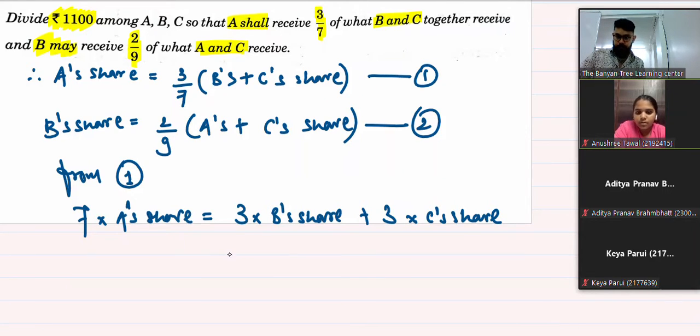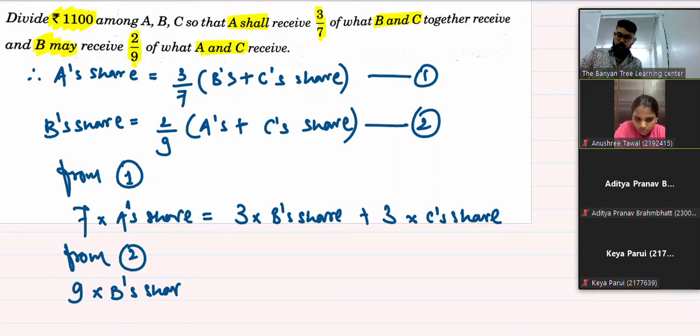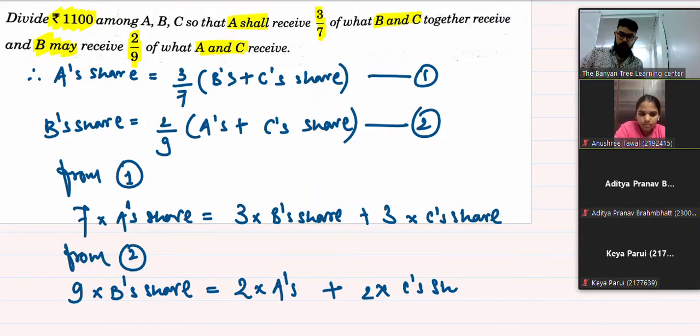And from equation number 2, we can say that 9 times B's share is equal to 2 times A's share plus 2 times C's share.